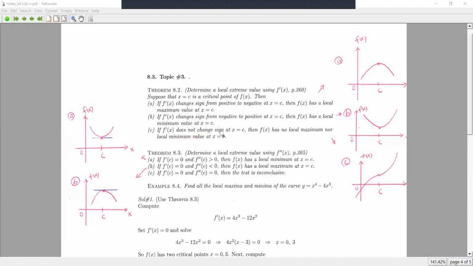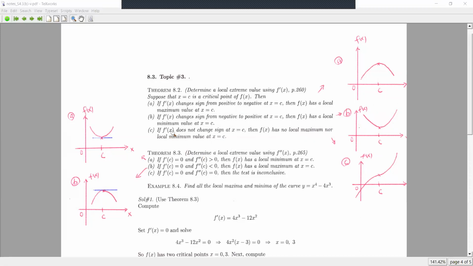The derivative doesn't change sign, so on the right, the derivative is also positive. The graph continues to be increasing. So at the point C, the function has no local maximum, nor local minimum.